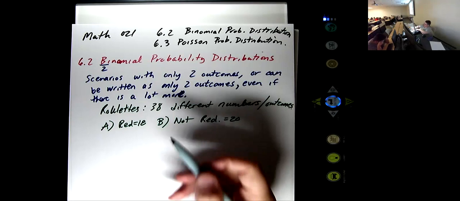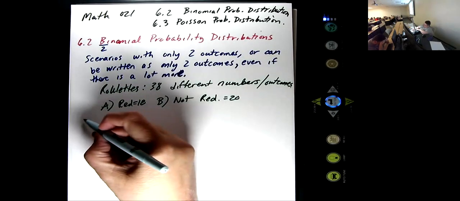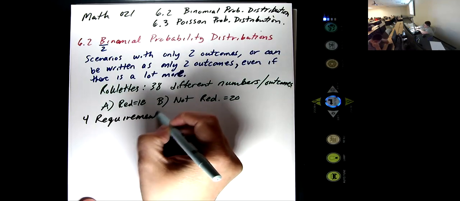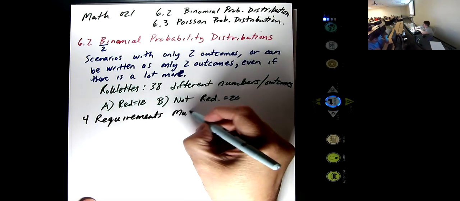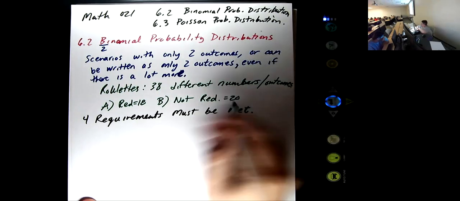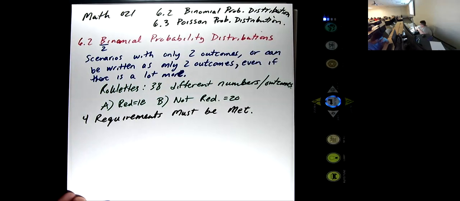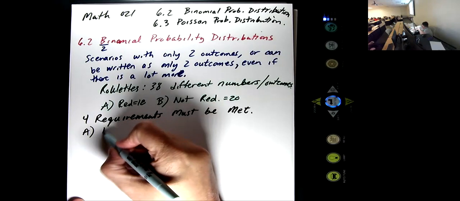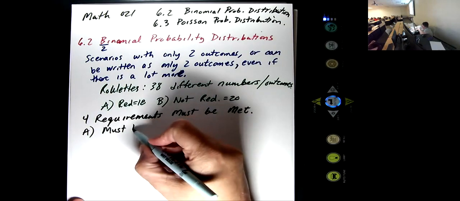So for binomial probability distributions, 4 requirements have to be met. First and foremost, there must be 2 mutually exclusive outcomes.